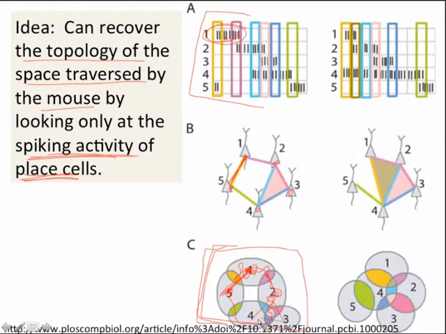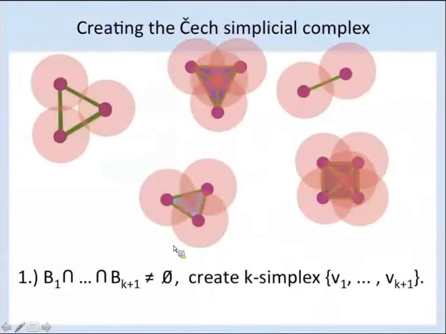If three of them intersect, we can fill it in with a triangle. In other words, we are doing our Čech complex. Just to review, in terms of our Čech complex, if we have two balls intersecting, we get an edge. If three balls intersect, we get a triangle, and we get higher dimensional objects as well.